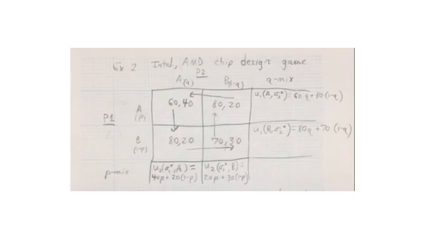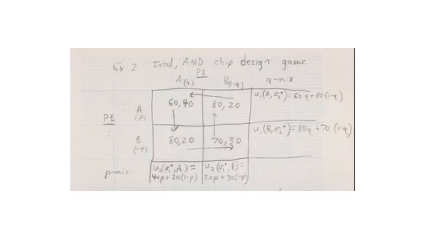Okay, so we're going to set the respective payoffs in the P-mix row equal to one another to get the optimal choice of P for player 1. And we're going to do the same to get the optimal choice of Q for player 2 along the Q-mix column.